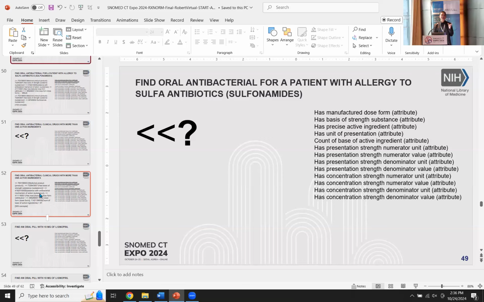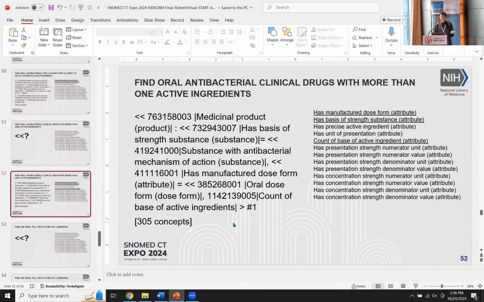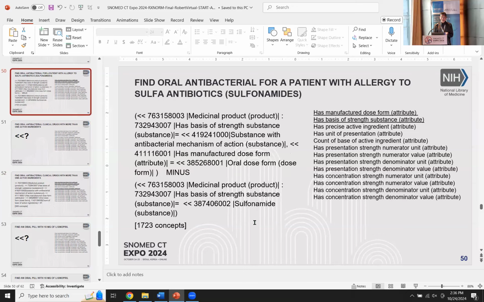So we use the drug class based on structure, right? Because sulfur drugs, structurally, the drugs will contain sulfur. So this is the wrong one, and this one is the right answer.